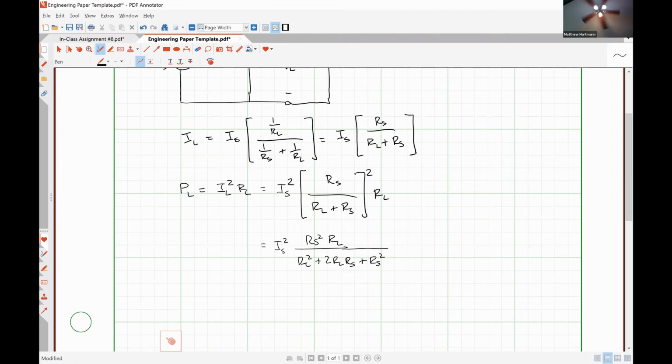Looks like I take the derivative with respect to RL. So the derivative of the power with respect to RL, and I need it to equal 0. All right, so this is going to be ugly. How can I do this easily?